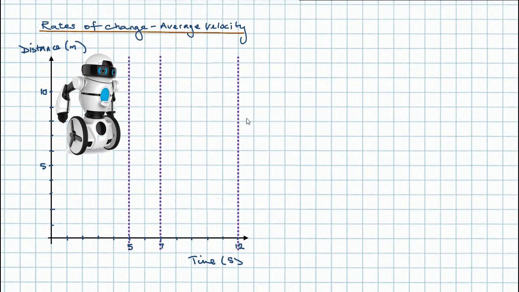So what I'm going to do now is draw a line up to the distance of 3. So we've got 3 meters here.